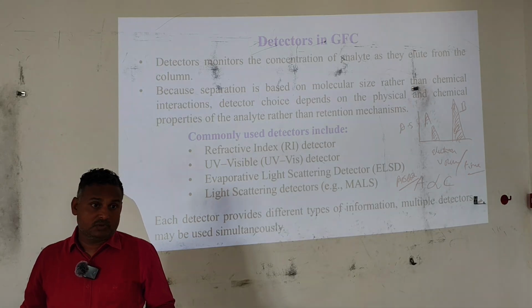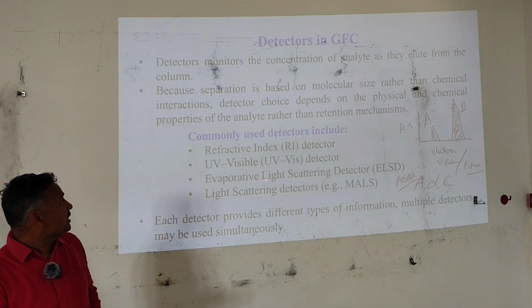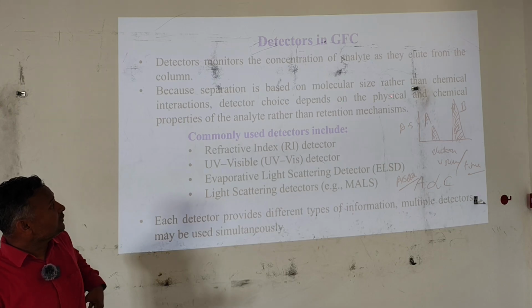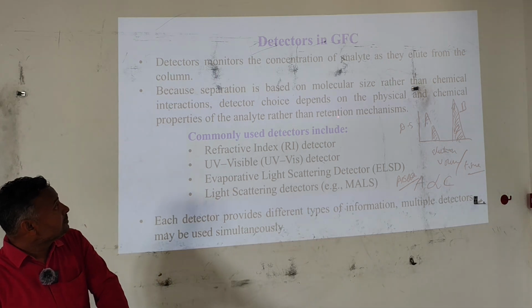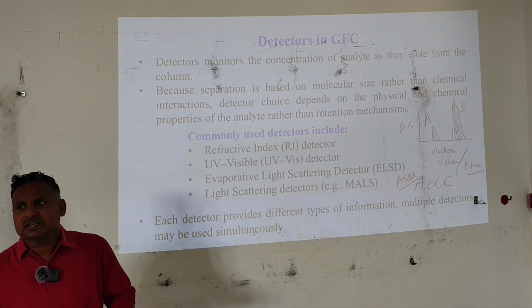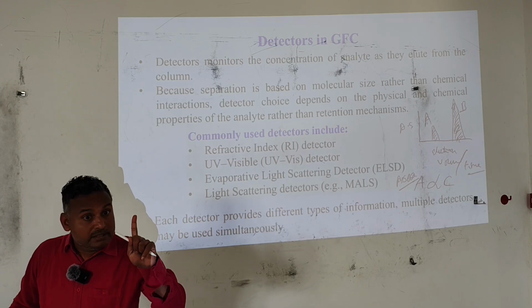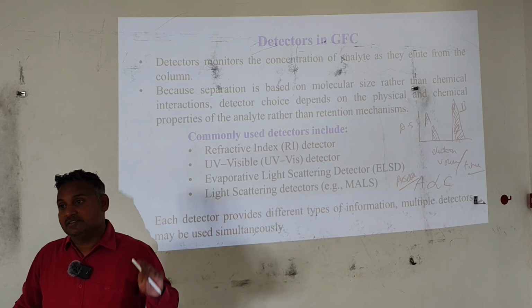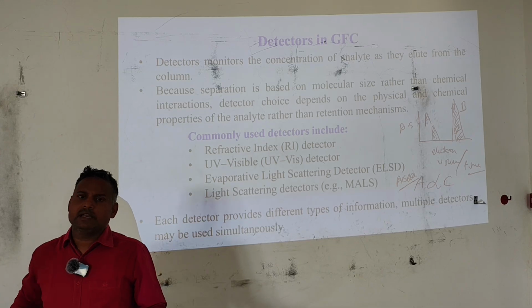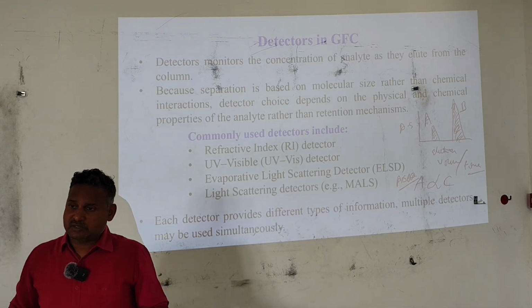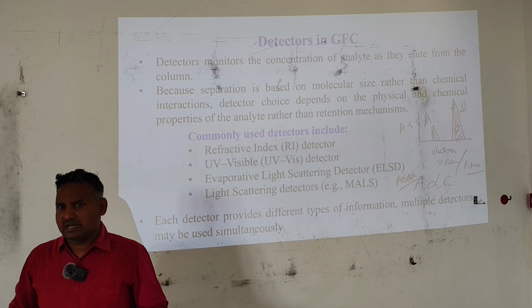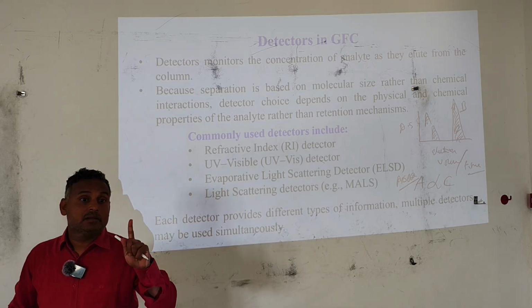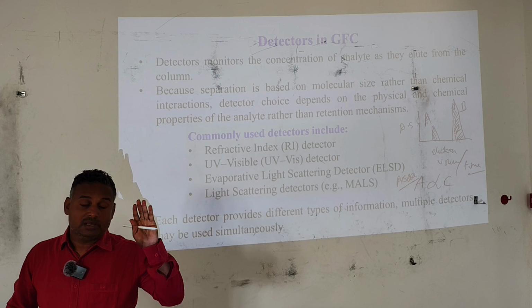So we have different options for detectors, and detector selection does not depend on retention mechanism, because retention mechanism depends only on size of the molecules. There are no other interactions such as electrostatic interactions, van der Waals interactions, adsorption, ion exchange, affinity. There is nothing except the main property, the size of the molecules.